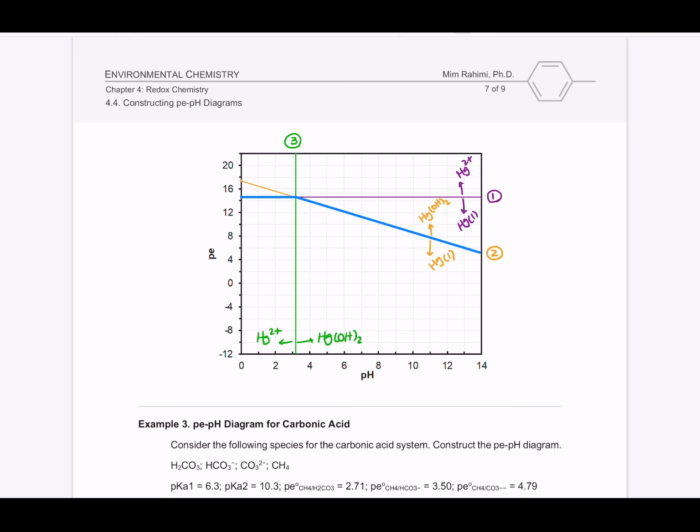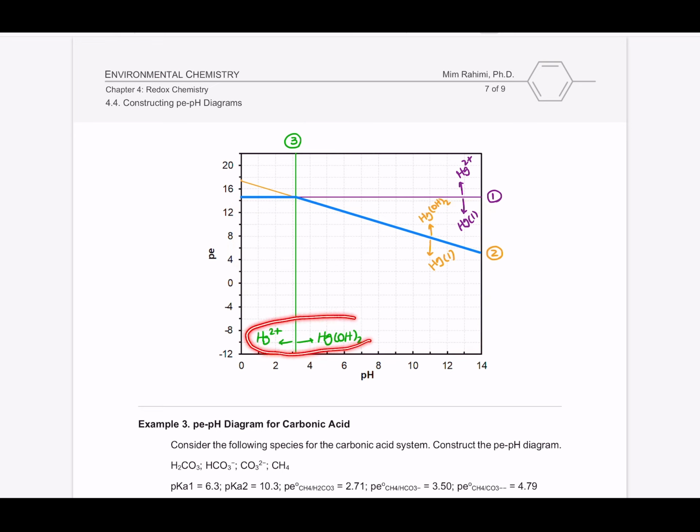Okay, I guess it's time for revenge, for the other 2 lines to cut line 3 also. So we can take line 1 as the reference to trim line 3. Line number 1 is dividing the region between Hg2+ and Hg liquid. So this part is Hg liquid.